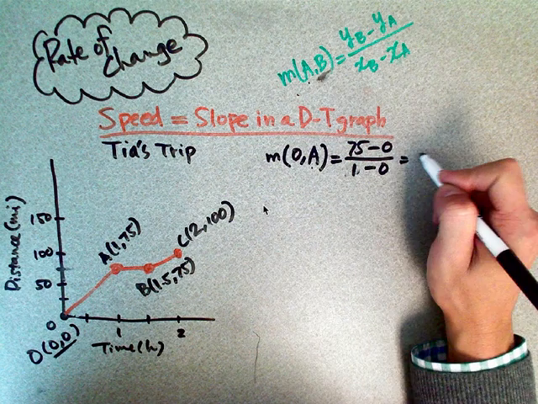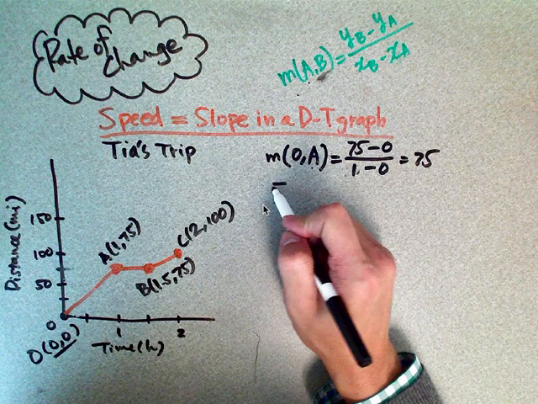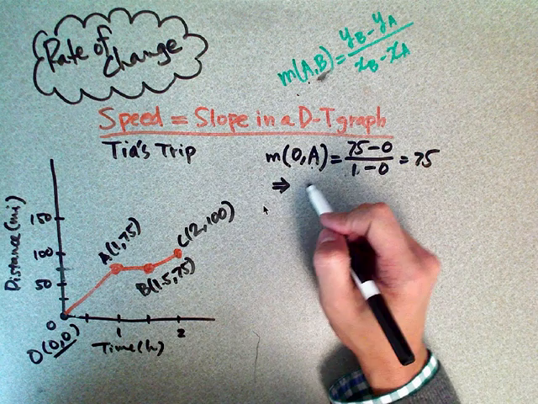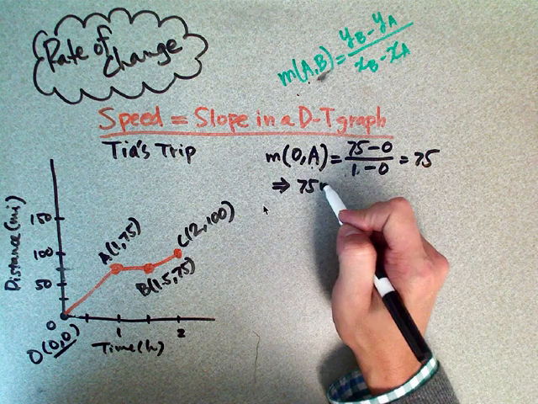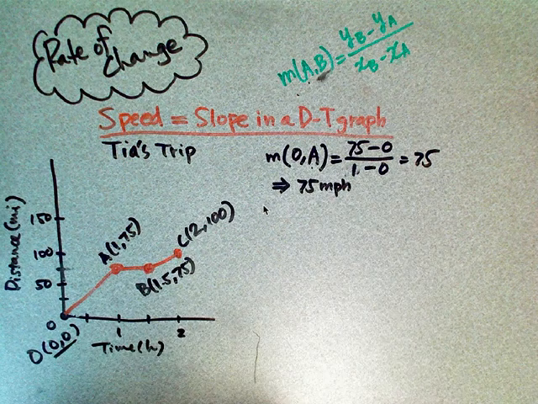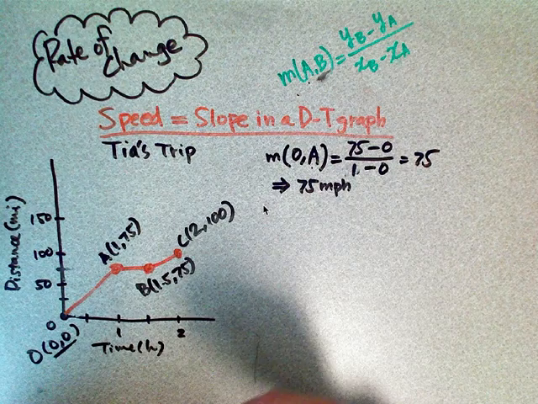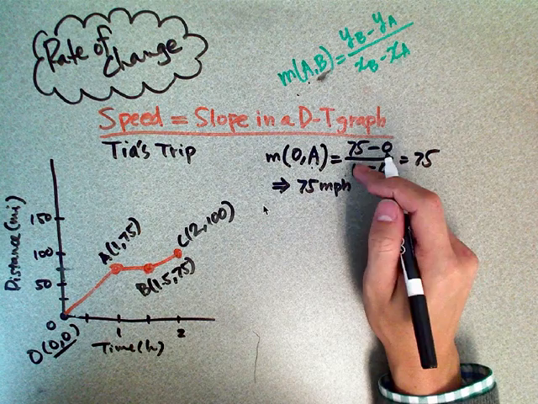So that's 75. The slope between these two is 75. That tells us that Tia was traveling 75 miles per hour between these two points. That's very fast. It's actually over the speed limits of many highways.